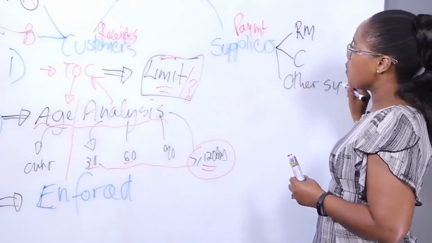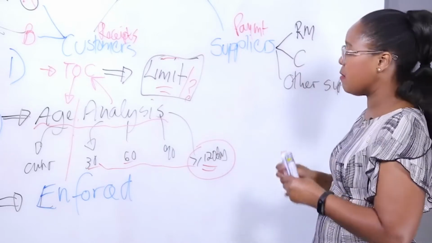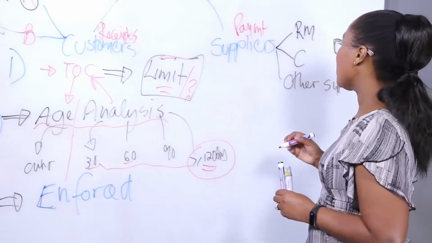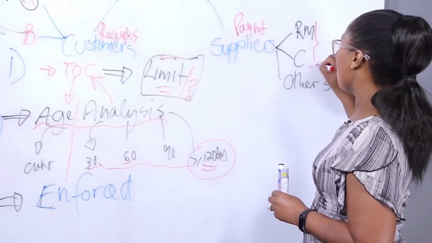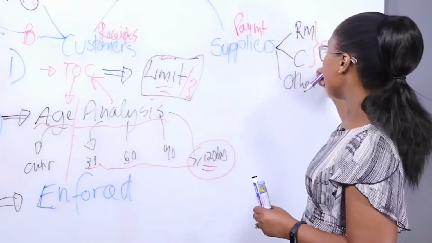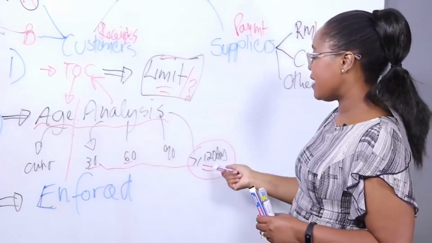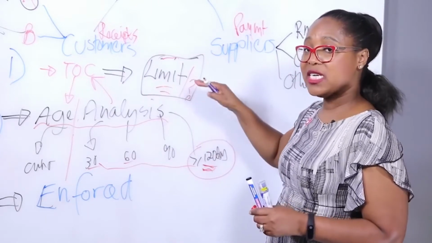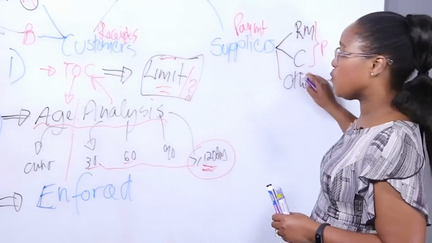The reason why you would like to categorize them like this is it allows you to make sure that these two are always taking priority when you're doing your payment. Because if they are not paid, you might find that they are sitting in here and they reduce your credit limit, and you end up not able to produce.